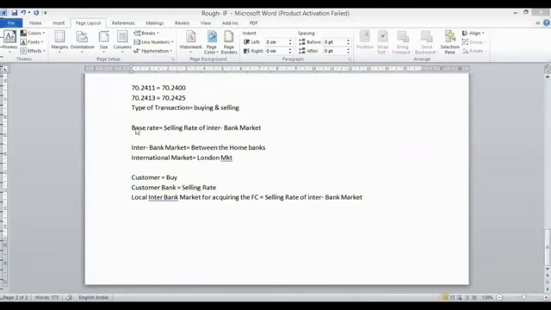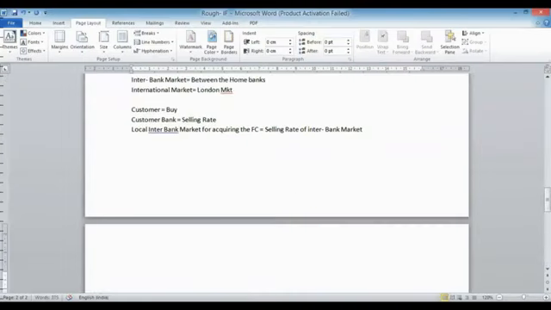My basic concept here was just to tell you what the base rate is: the rate quoted by the big bank is the base rate.